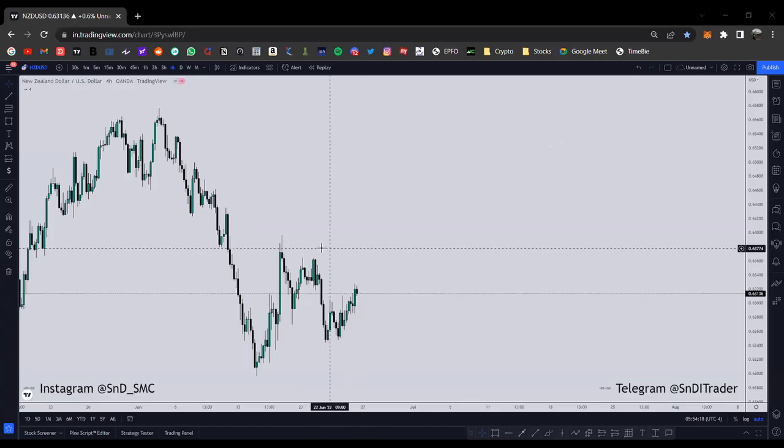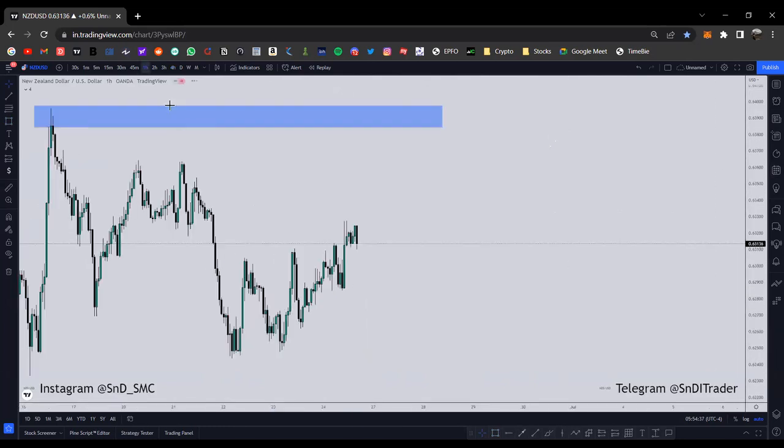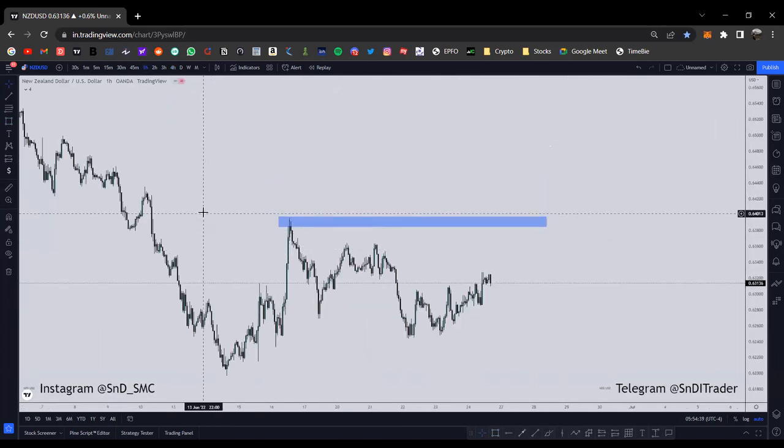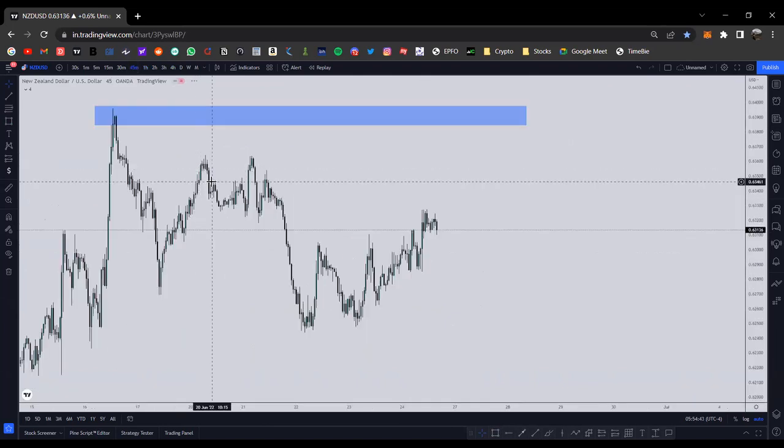So you see, this is the last high in NZD USD. I will select this wick as my point of interest because this wick has mitigated this last candle. Okay, so let's go to a lower time frame and refine this wick.